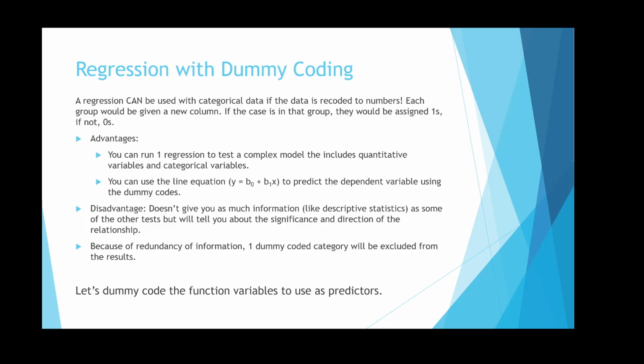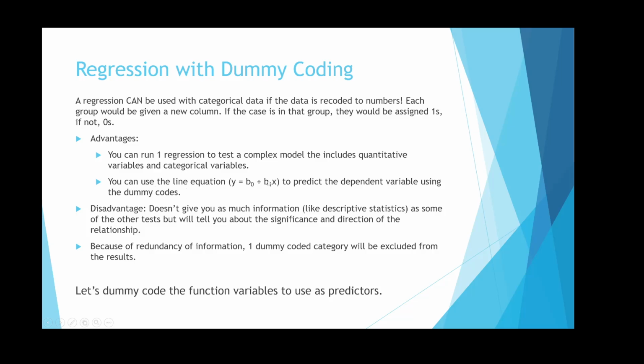Okay? Some advantages to this process. You can pull all of your variables into a multiple regression as predictors. All of your functions, all of your survey data, whatever. You can put everything in as a predictor in a multiple regression and test a complex model with just one test, which is really the appropriate thing to do in many cases.